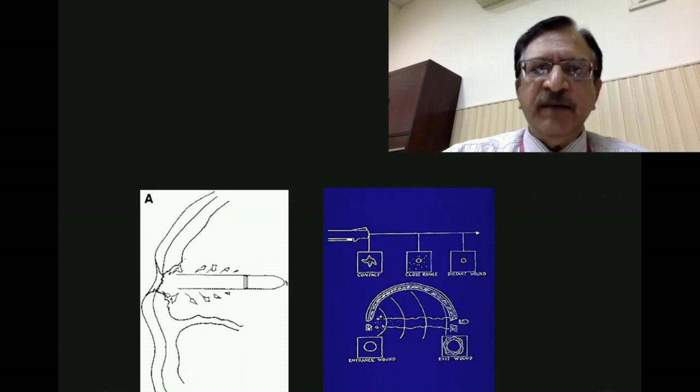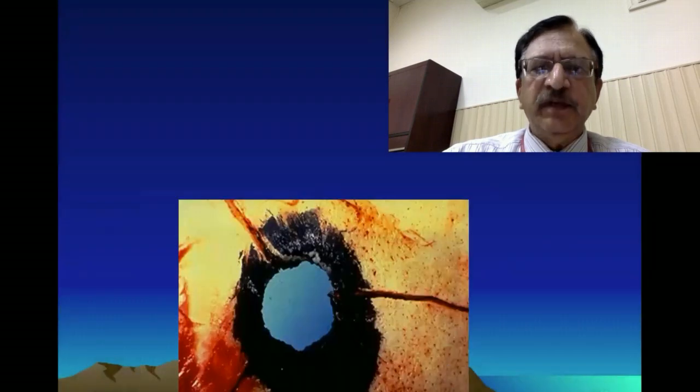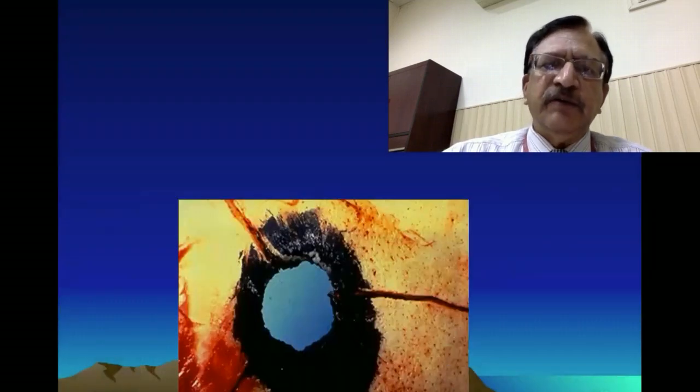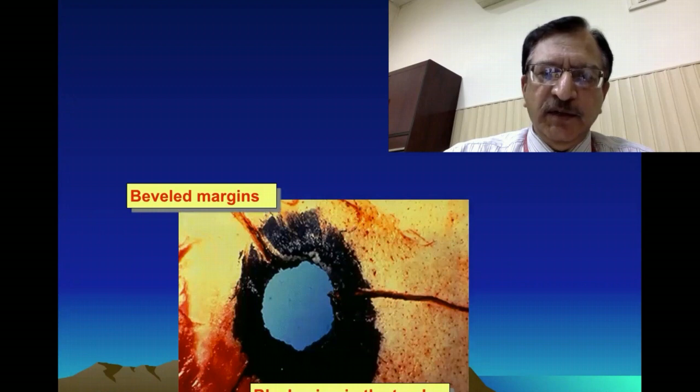So this is a diagrammatic representation of the bevelling in and bevelling out of a firearm wound on the skull. This is a photograph, and the margins are beveled, and there is also blackening in the track.